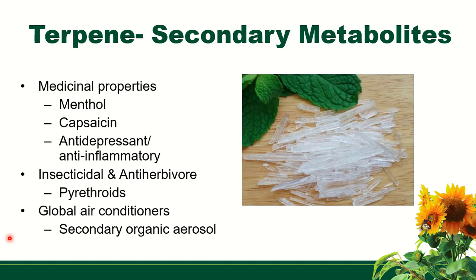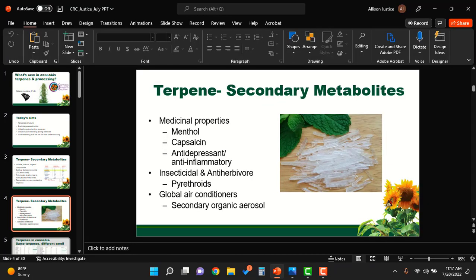Terpenes are global air conditioners. These aerosols of terpenes released by forests hover over the forests and provide basically a layer of shade from the sun where they can be cooler.